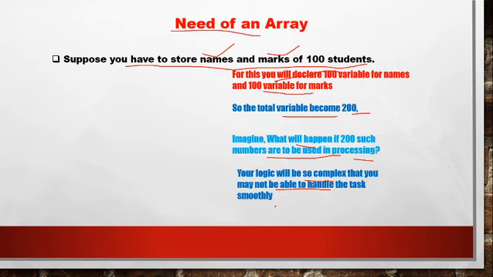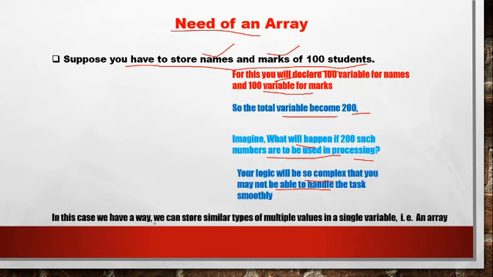Now, what is the solution for this? The solution is only array. What can we do? We have a way to store similar type of multiple values in a single variable.